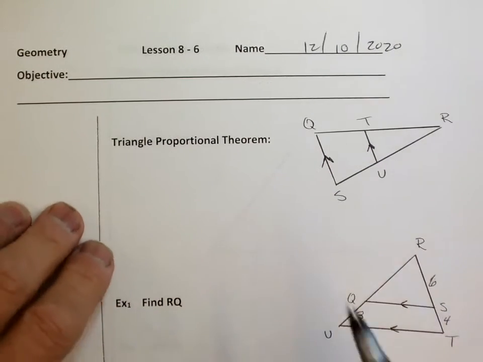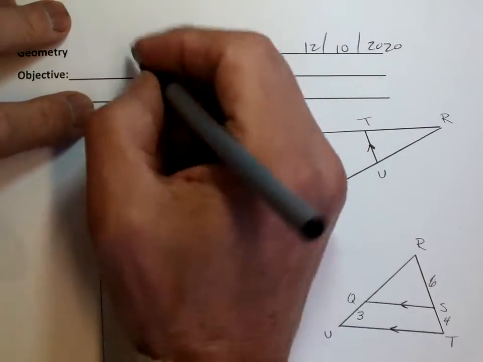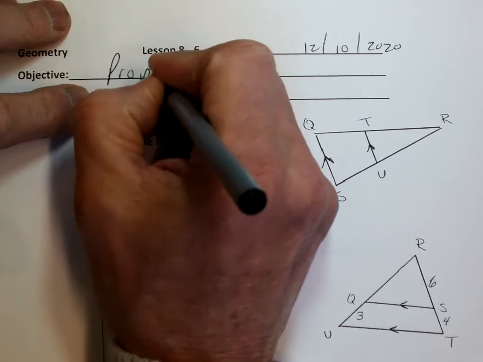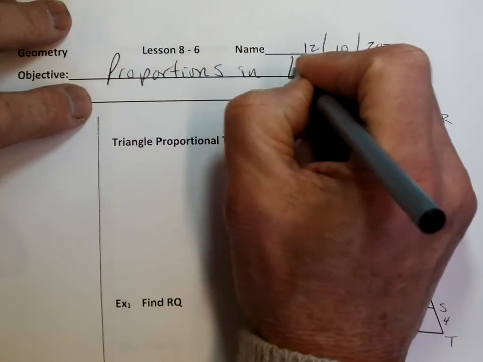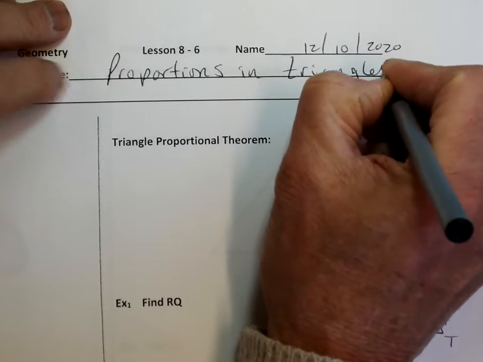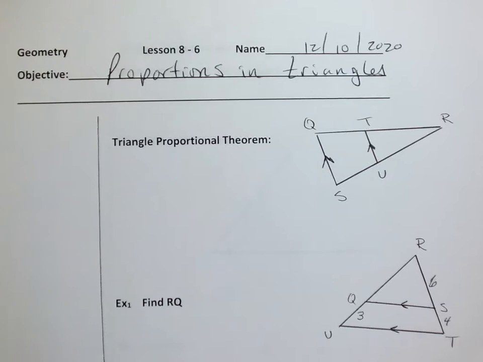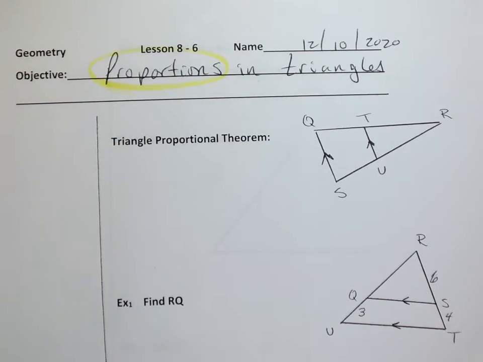Okay, so today what we're going to talk about is proportions in triangles. Proportions, that's a fancy word, but a proportion simply means, for us, a fraction equal to a fraction.